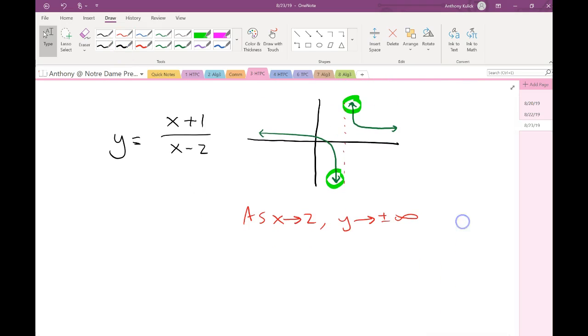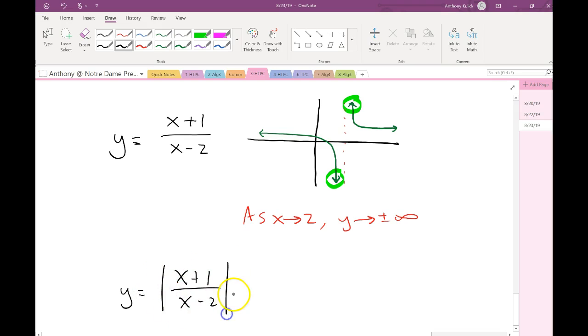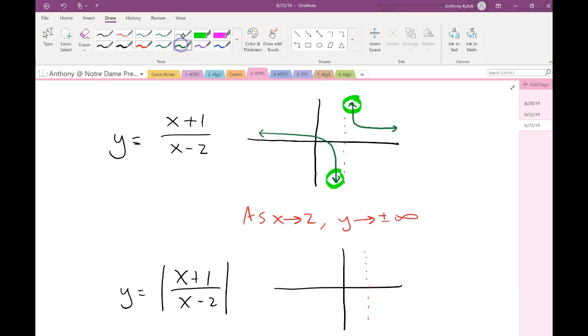And we could certainly have a situation where both arrows go to the same infinity. So say we had just the absolute value of the above graph. That one would look like this, where both of the arrows are going to positive infinity.